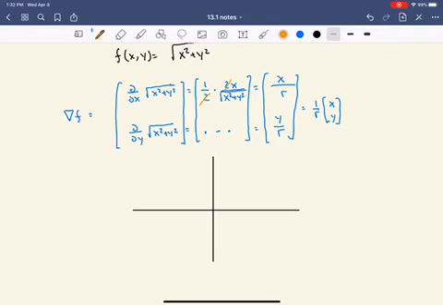So we're going to put a little hole there, because at 0, it's not doing anything. Now, let's take a look. What I like to do is at the point (1, 0), the gradient of f is going to be, plugging those in, (1, 0). So at (1, 0), we're going to have a vector pointing out like there.